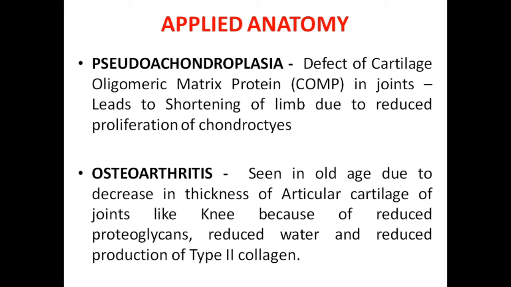In osteoarthritis, very common nowadays, there is joint pain, especially in the knee joint, seen in older ages due to a decrease in the thickness of the articular cartilage of joints, more commonly in the knee joint, because of reduced proteoglycans, reduced water, and reduced production of type 2 collagen. So these are the two important applieds related to cartilage: pseudoachondroplasia and osteoarthritis.